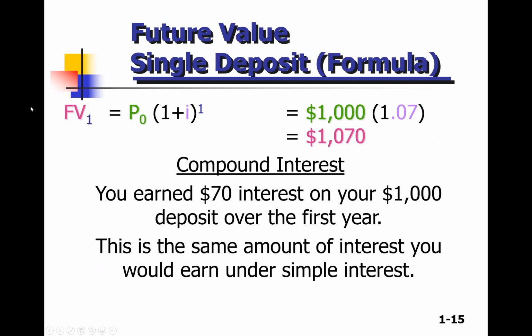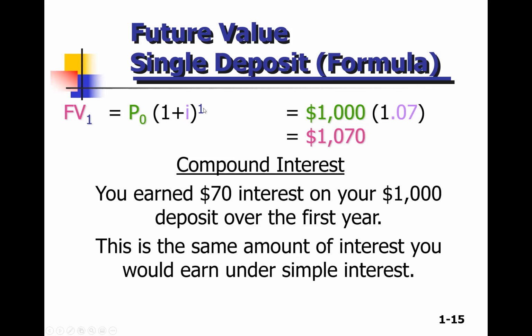Now we need to look at the formula for future value. So future value is equal to P naught, the deposit at zero time period, times this factor, which is called the future value interest factor: 1 plus I, where I represents your interest, raised to the power n.